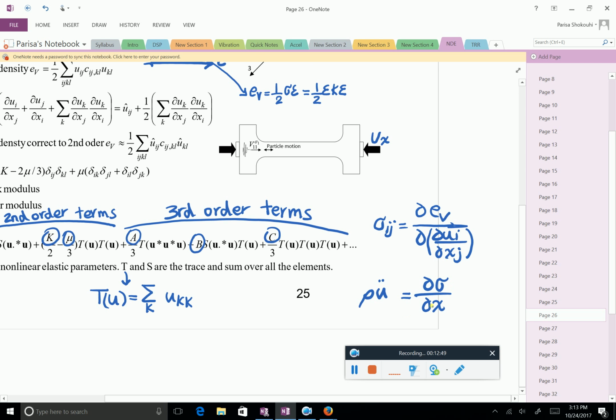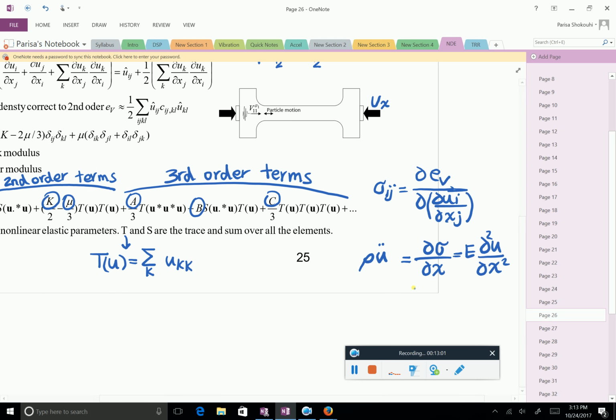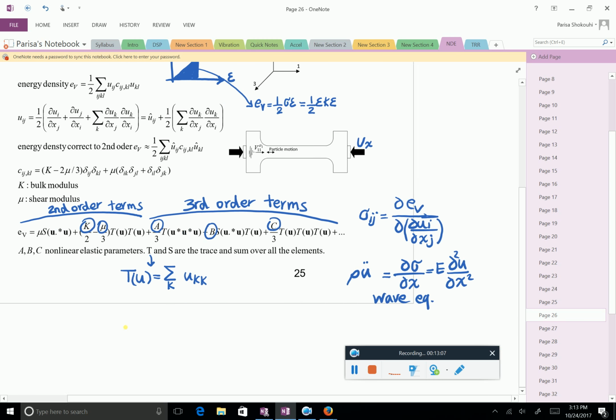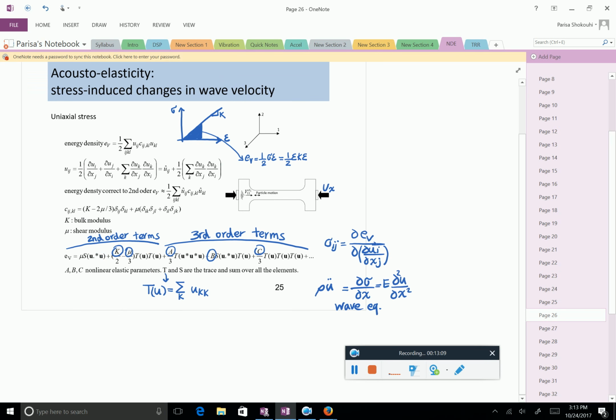It's easy. So that's all I need to show you why the velocity becomes dependent on a strain. Any questions so far before moving to the derivation?